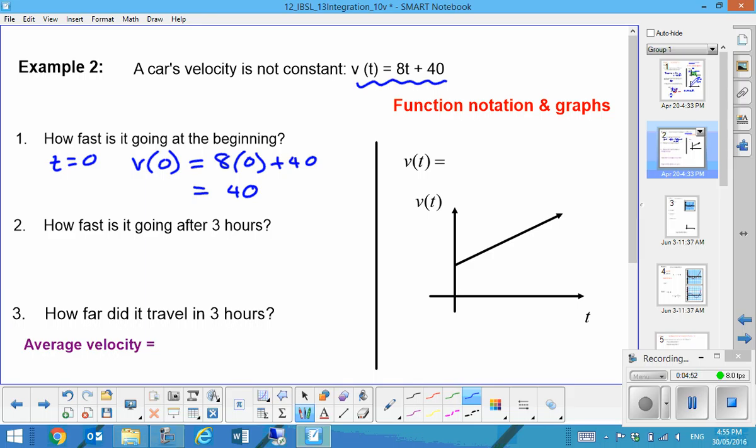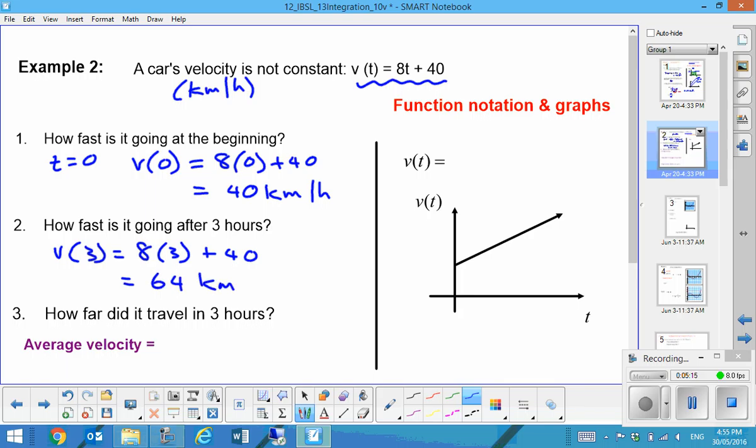Let's assume we're talking kilometres per hour. So how fast is it going after 3 hours? We want the velocity after 3 hours. We're going 8 times 3 plus 40. 8 times 3 is 24, so 64 kilometres per hour.